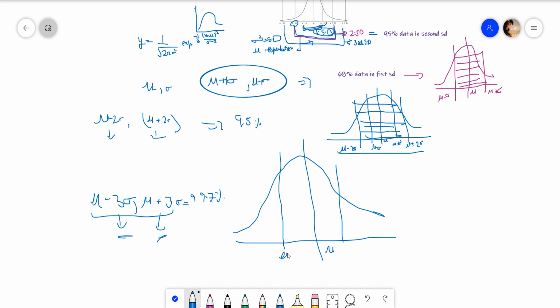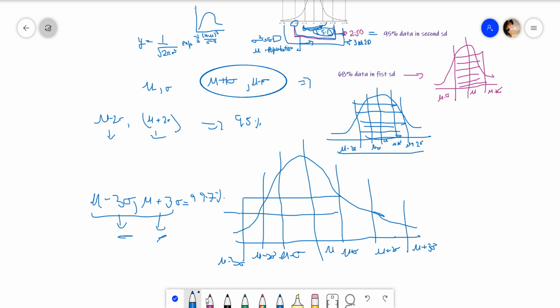So it is nu minus sigma, nu plus sigma, nu plus 2 sigma, nu minus 2 sigma, nu minus 3 sigma, and nu plus 3 sigma. It will show us that 99% of our data is present in this region.